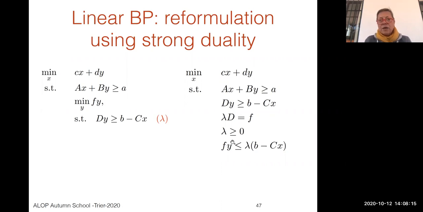Because one thing that you always have is weak duality. If you have a solution lambda that satisfies this, and a solution y that satisfies that, you know by weak duality that the objective function here will always be bigger than the value of the objective function of the dual.